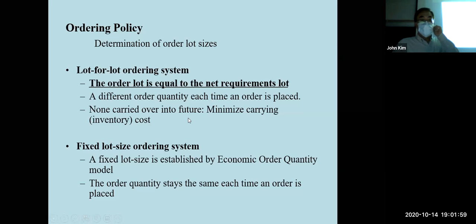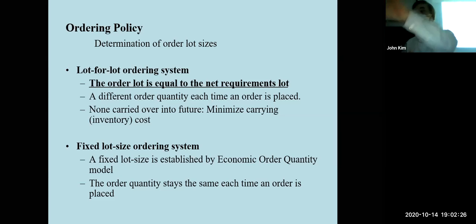And then ordering policy: the lot-for-lot ordering system and the fixed lot ordering system. In the lot-for-lot ordering system, when we order, the order size is the requirement. Like if we need 500 but we have 100 on hand, then 400 is the requirement.